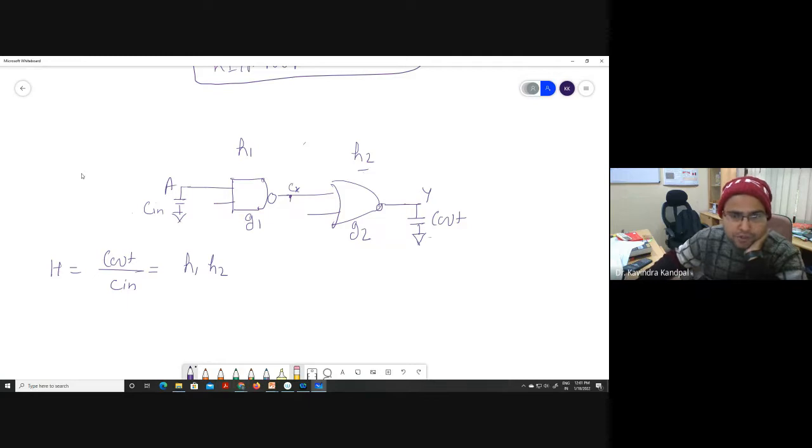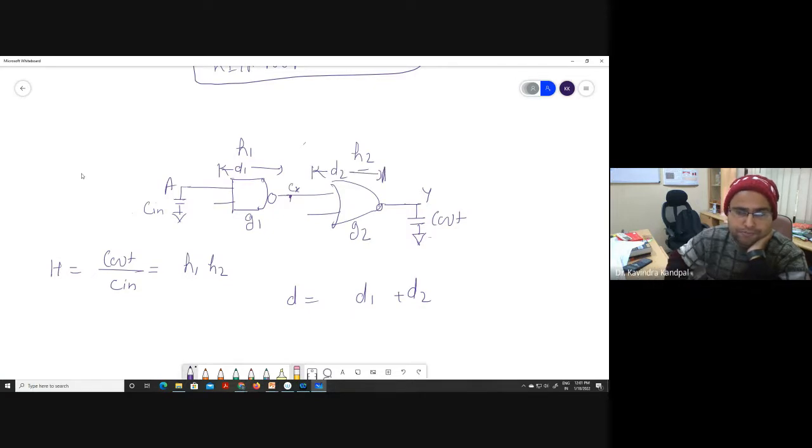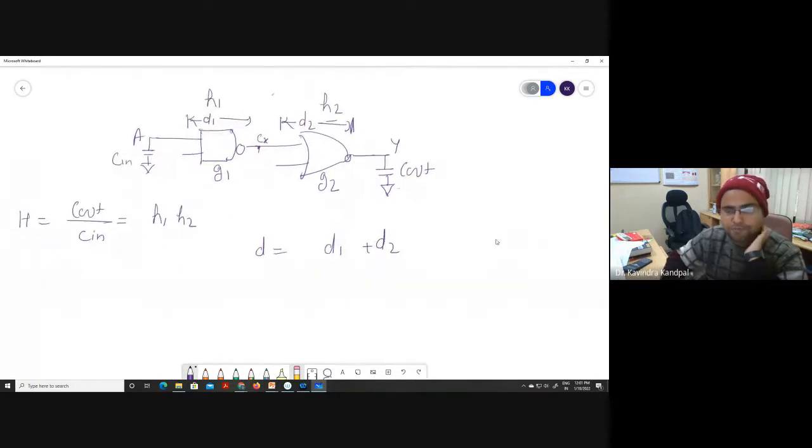Okay. So what will be the delay? Can I say the delay will be the delay of one stage plus the delay of another stage? If this stage gives you D1 delay and this stage gives you D2 delay, can I say delay is nothing but D1 plus D2? Yes. Can I say the delay of one is G1 H1 plus P1 and the delay of two is G2 H2 plus P2?